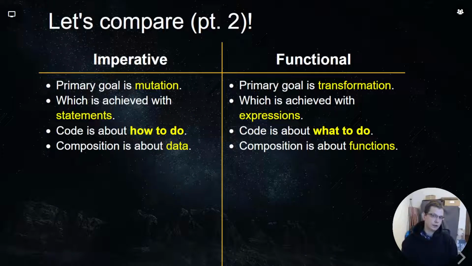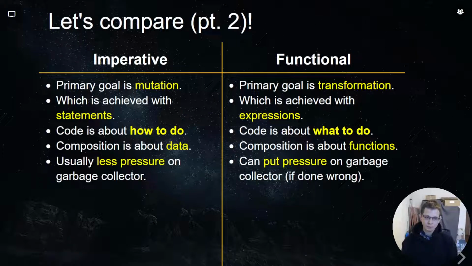Whereas in the functional paradigm, composition is about functions and connecting these functions into bigger functions. Usually the imperative paradigm has less pressure on the garbage collector because it doesn't allocate as many objects. Whereas in a functional paradigm, if not done right, you can easily put immense pressure on the garbage collector. So you have to have that in mind.